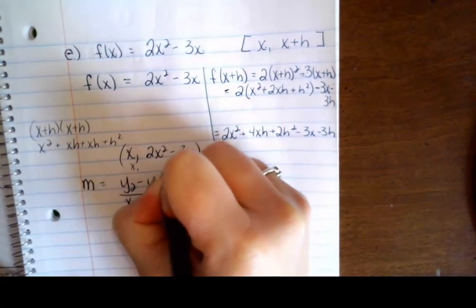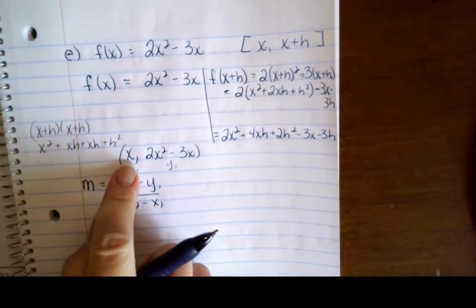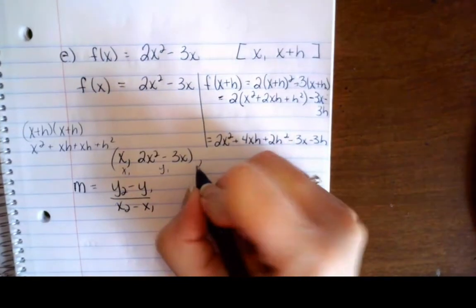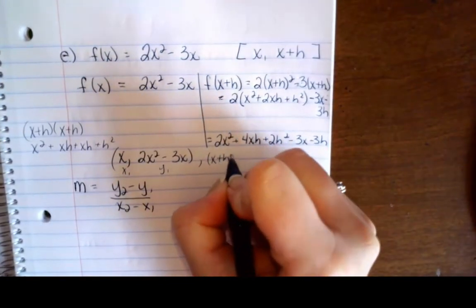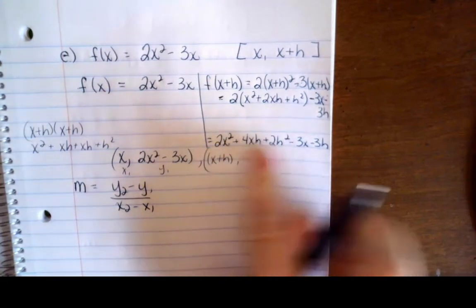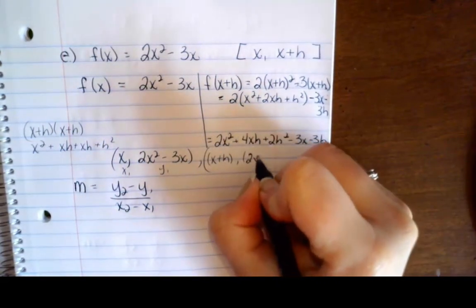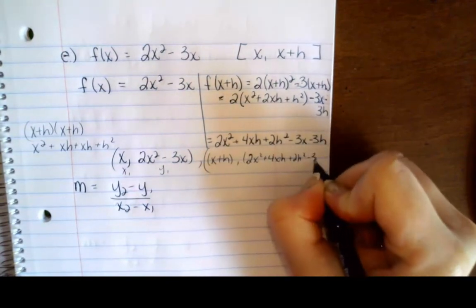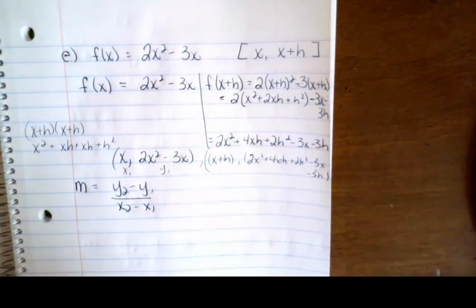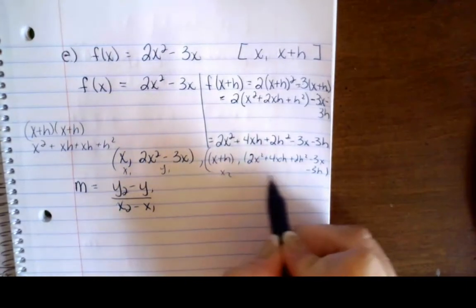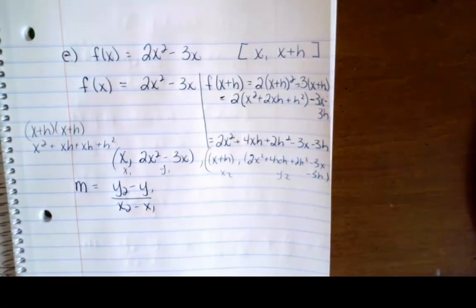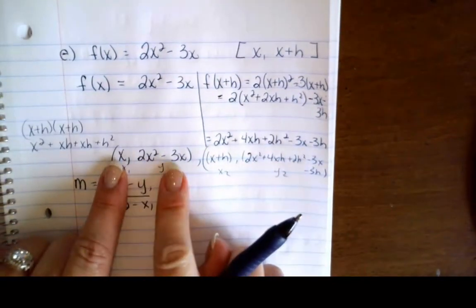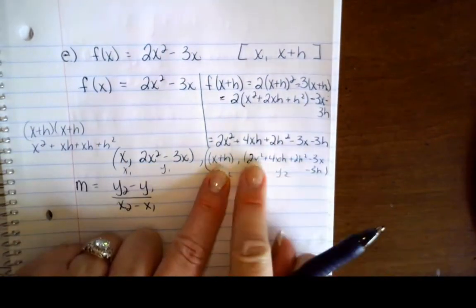So this is my x1, y1. If I evaluate at x plus h, this is what I get for an answer: 2x squared plus 4xh plus 2h squared minus 3x minus 3h. That is my x2, y2. So it's kind of messy. I shoved in an x, I got this for an answer. I shoved in an x plus h, I got this.